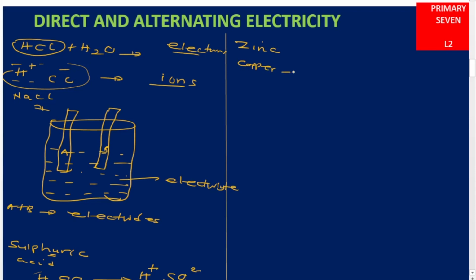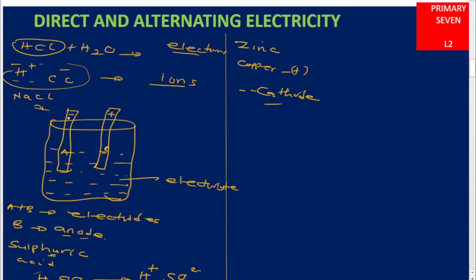This copper acts as the positive terminal. So electrode B is scientifically called the anode, because the positive terminal is called the anode. Therefore the negative terminal is termed the cathode.